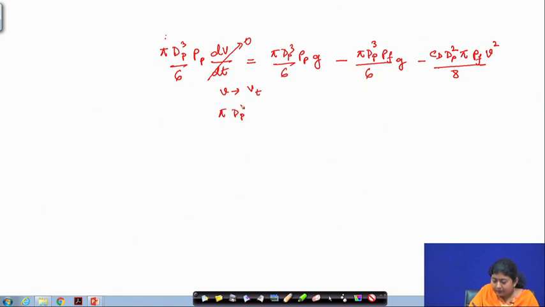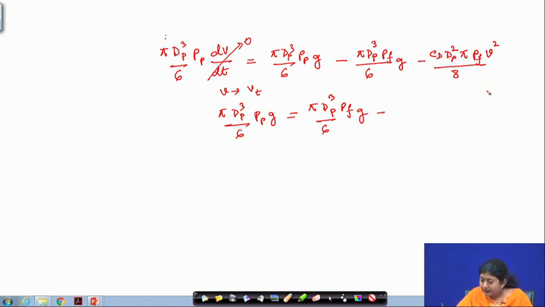Then we can write pi dp cube by 6 rho p g is equal to pi dp cube rho f by 6 g plus the drag term. In the laminar condition, we can consider C d as 24 by N Re, the Reynolds number, which is equal to rho v d by mu.